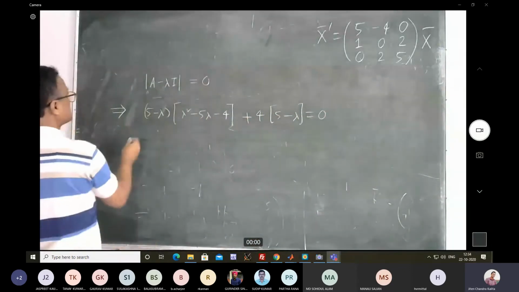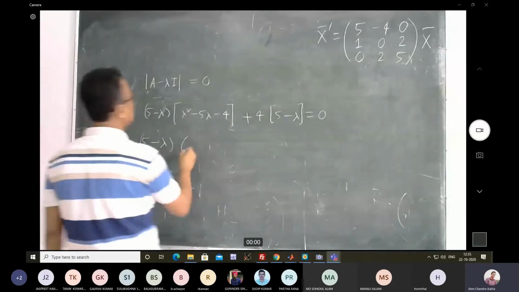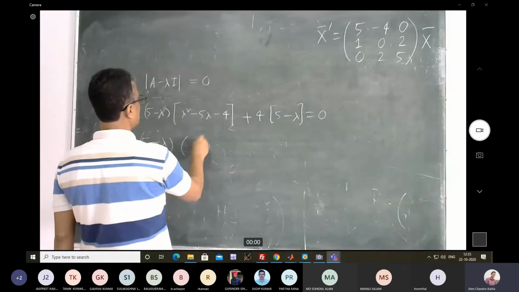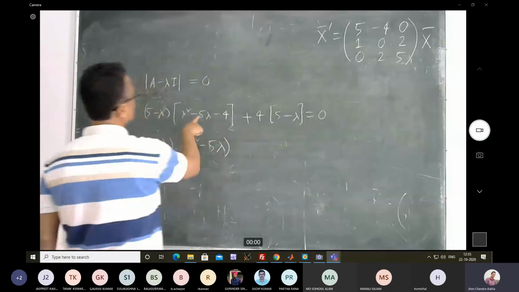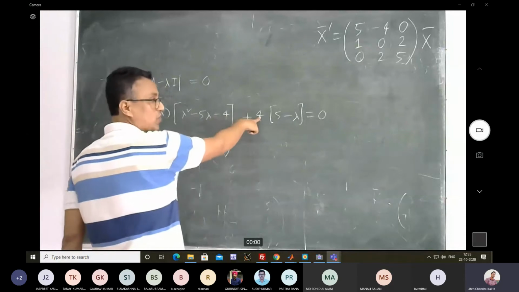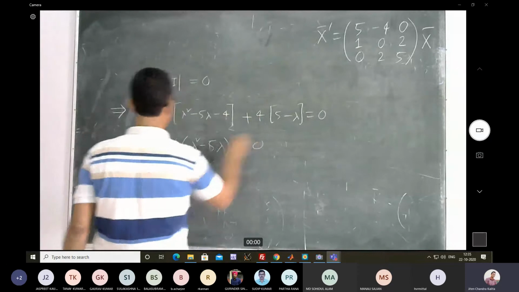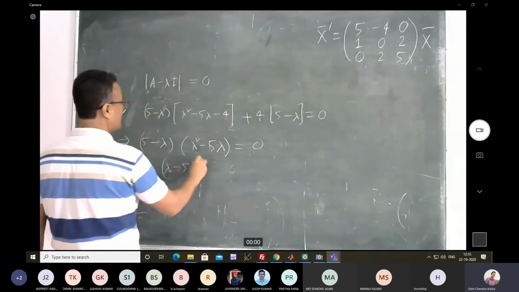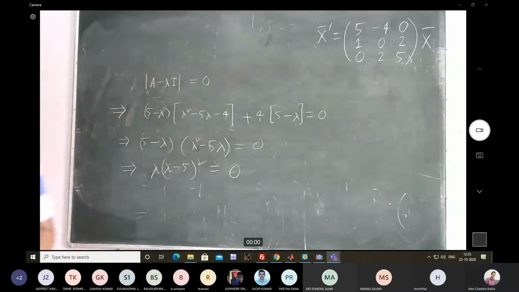So this is going to give me 5 minus lambda times lambda square minus 5 lambda, because it is going to be lambda square minus 5 lambda minus 4 plus 4. So basically I am going to get lambda minus 5 whole square into lambda equal to 0. Is it okay?